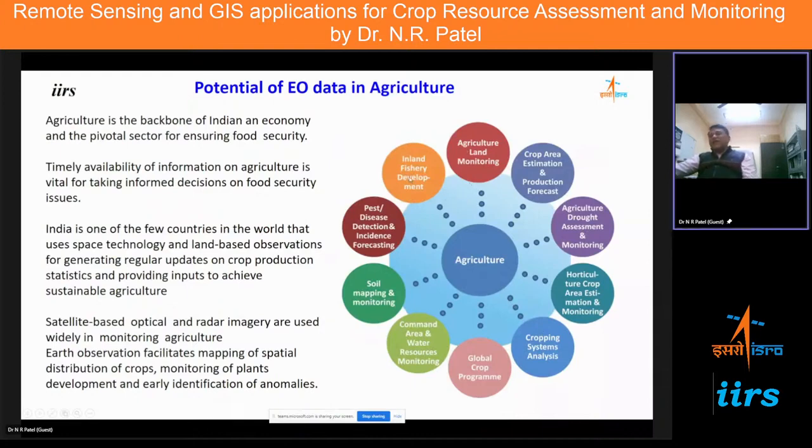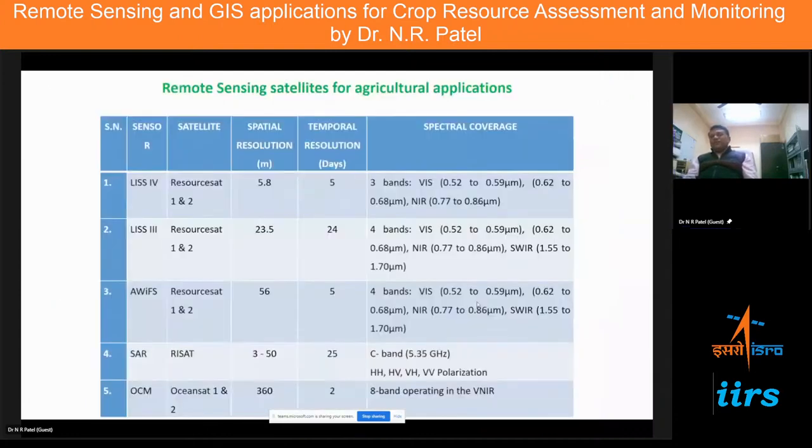Nowadays, even satellite data is used for identifying aquaculture and is useful for aquaculture productivity, pest and disease monitoring, soil mapping, command area and irrigation monitoring. All these applications are very useful for farmers as well as policymakers. Now let us see some Indian remote sensing satellites which have been used for the last almost 2 decades for various kinds of agriculture applications.